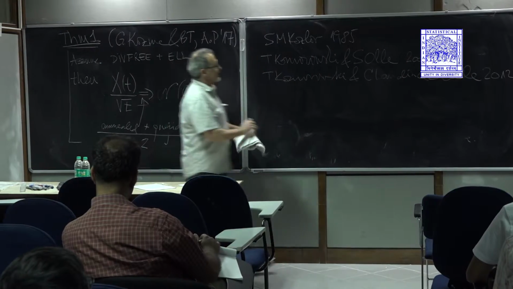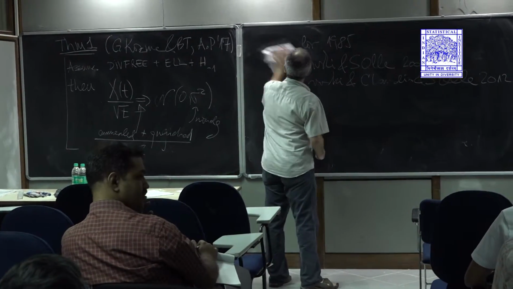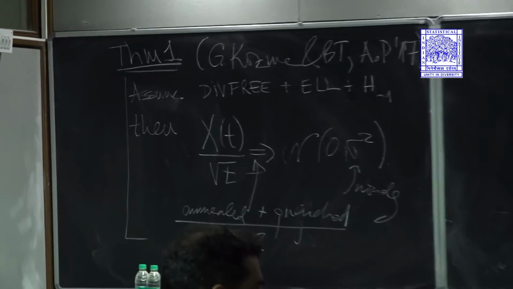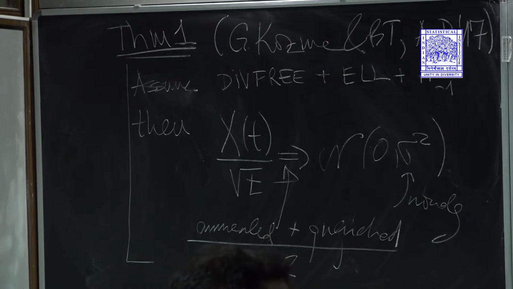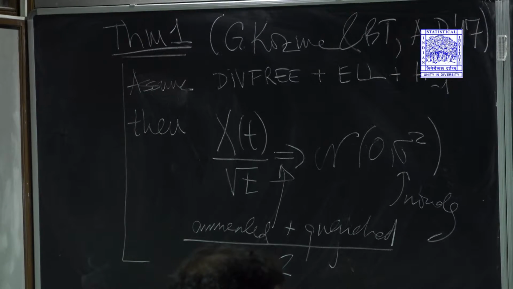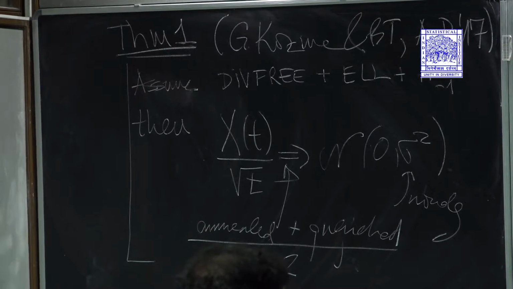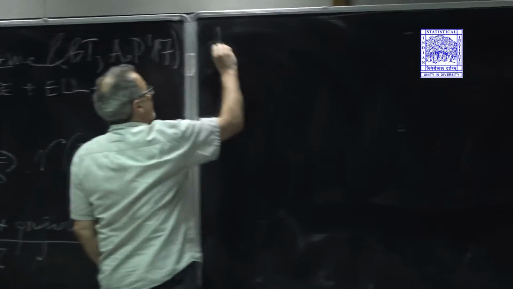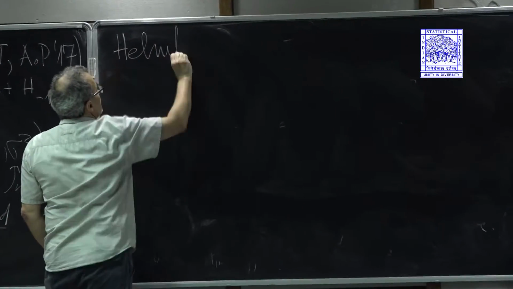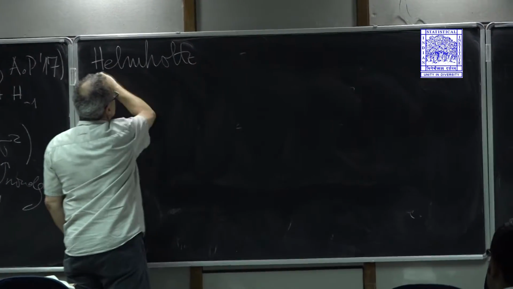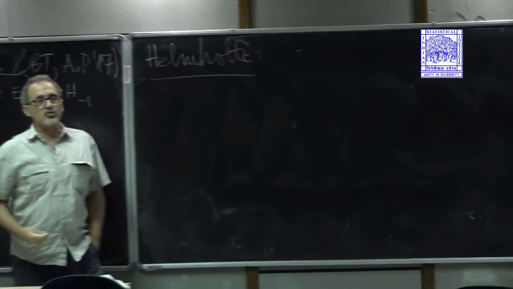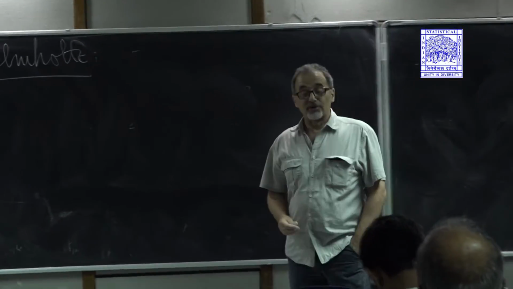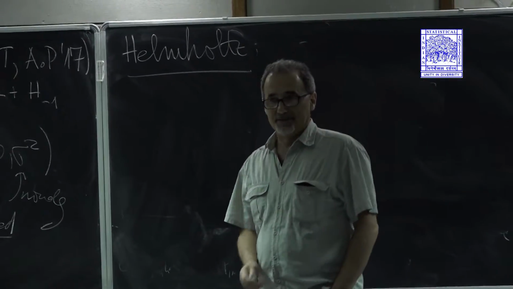Now, in order to go to the other theorem, which will be the quenched version, I have to state a number of things before, which are interesting and important on their own. There is Helmholtz's theorem. This is 19th century mathematics, which those of you who did some physics or electrodynamics learned.